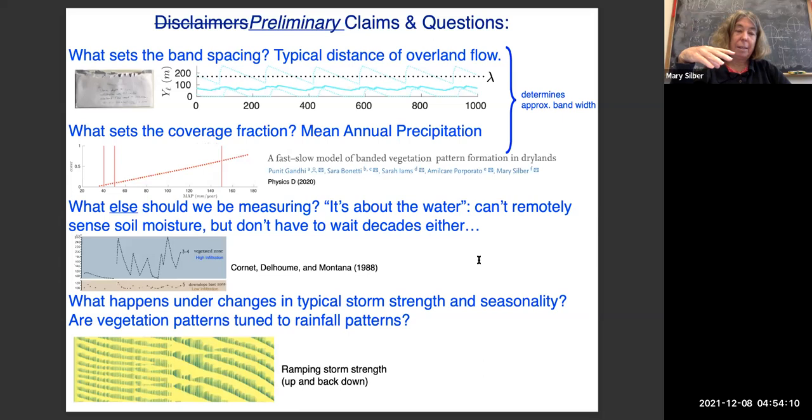But I think the water is what that's tracking, and that it's important to be thinking about things that are happening on that time scale. And then these questions that we're interested in, maybe there's some indication that the vegetation patterns are impacted by this sort of history of the rainfall.